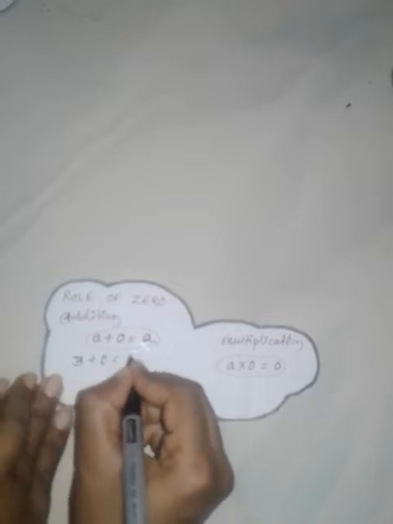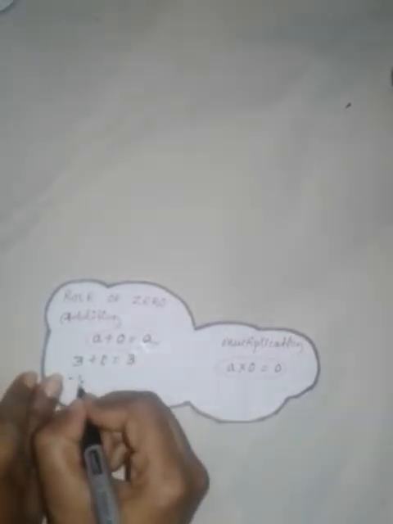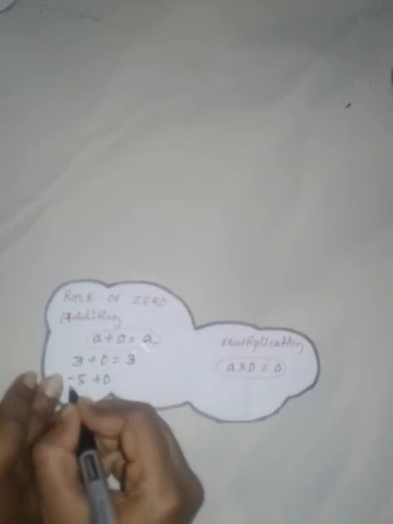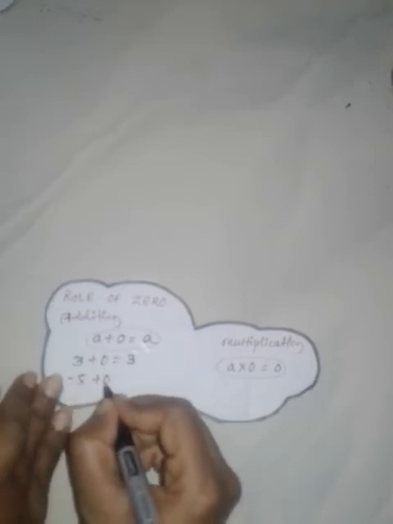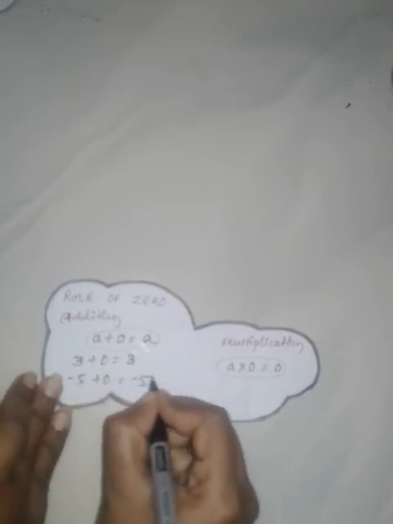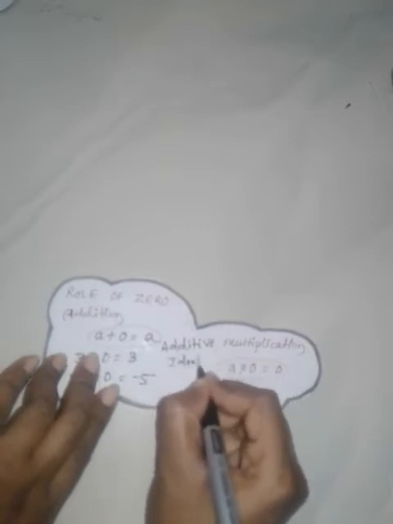Suppose 3 plus 0 is 3, minus 5 plus 0, here minus 5 is an integer. If we add 0, it is minus 5. Hence 0 is called the additive identity. Remember this, 0 is called the additive identity.